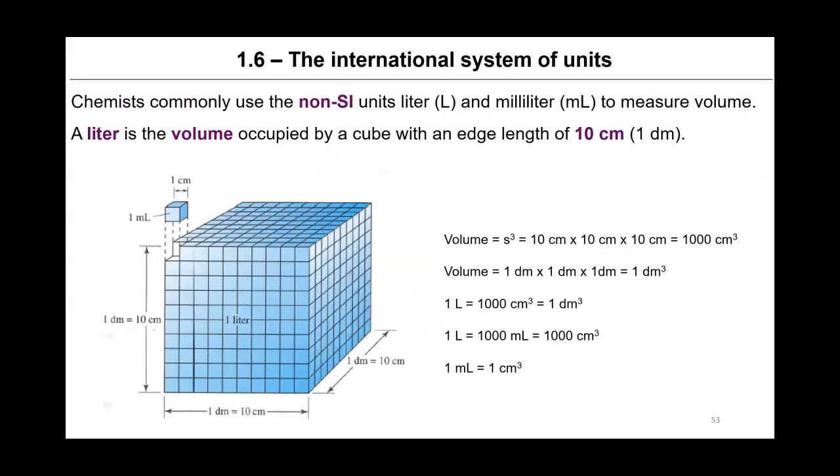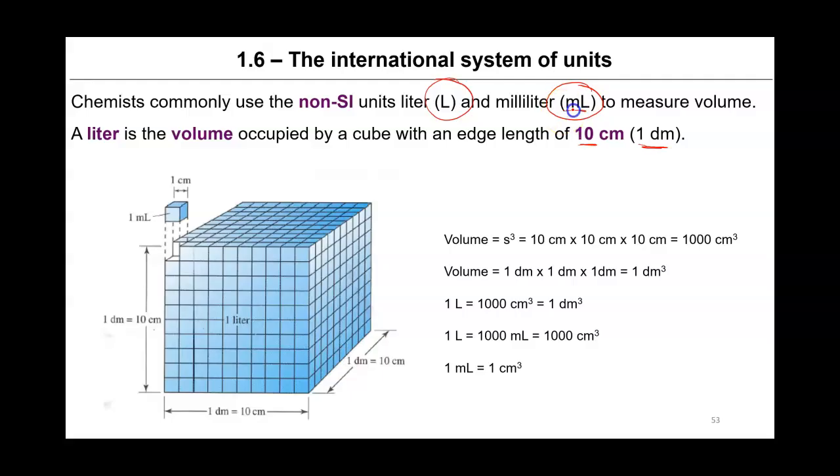Now, chemists are kind of a little bit attached to the older metric units, and in particular we like to use the non-SI unit liter and milliliter to measure volume. And so a liter is the volume occupied by a cube with an edge length of 10 centimeters, which is the same as 1 decimeter.